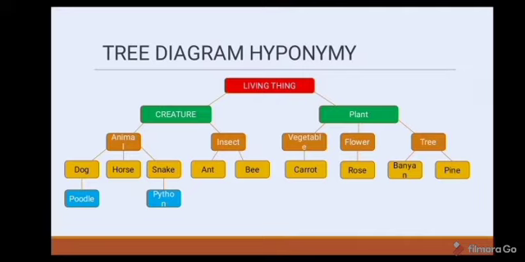Insect has ant and bee. Plant has vegetable, flower, and tree. Vegetable has carrot. Flower has rose. And tree has banyan and pine.